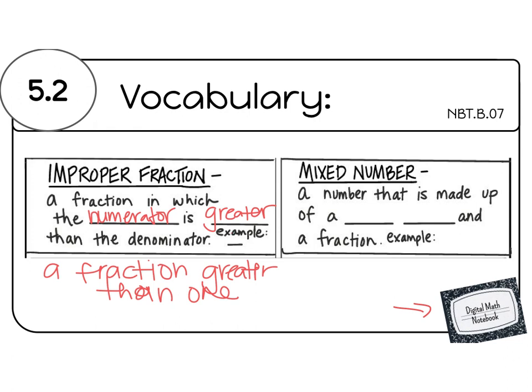An example of that would be 17 over 4. The top number is greater than the bottom number.